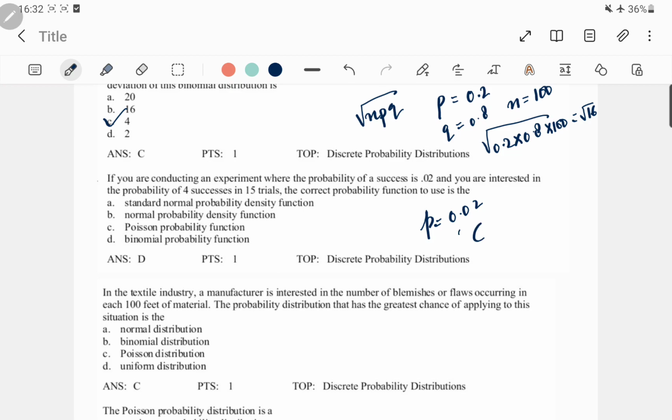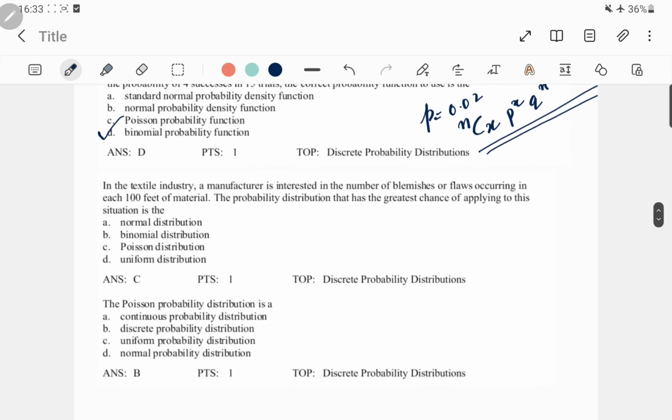So we consider NCX, P to the power X, Q to the power N minus X. This is how we will figure out the probability of that particular value, and hence this is nothing but the binomial probability function.